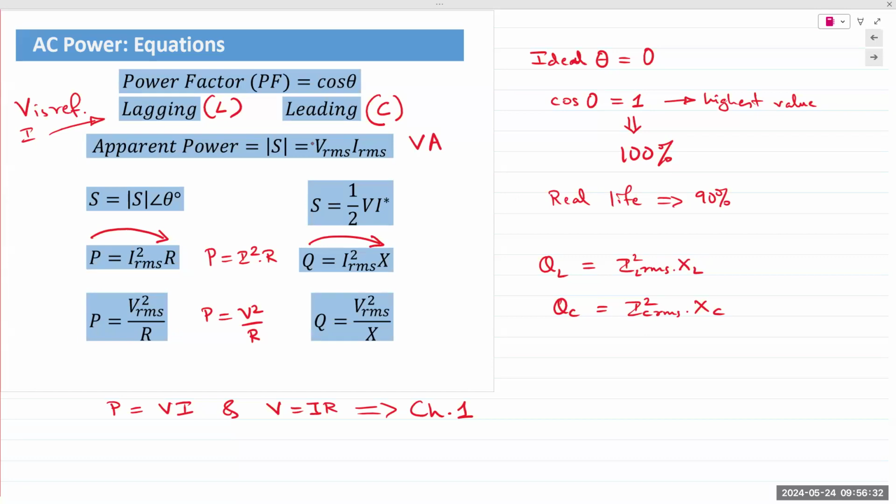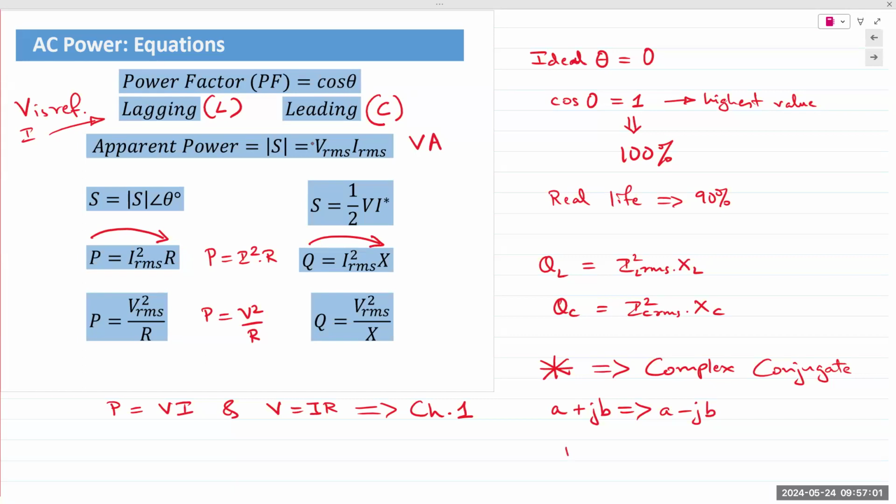Complex conjugate simply means that A plus jB becomes A minus jB and vice versa.